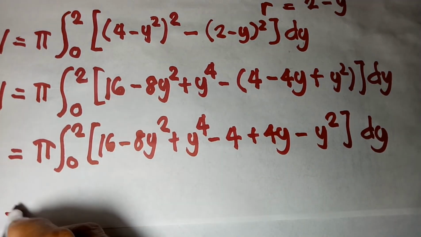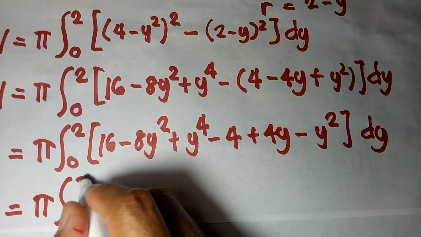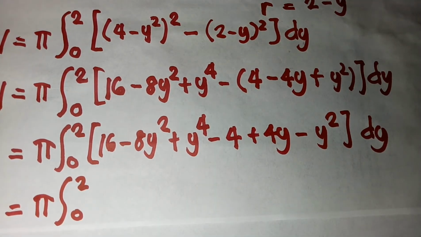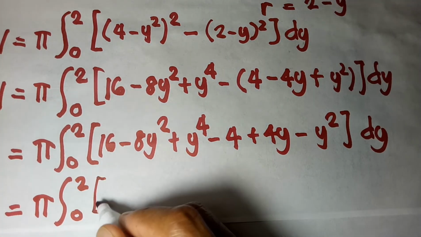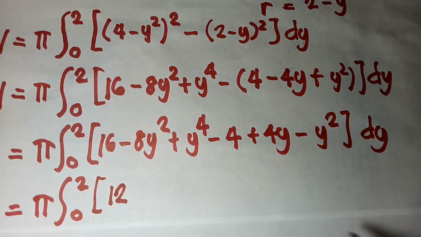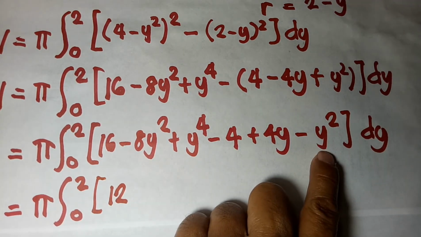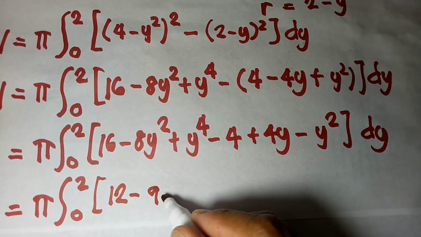So I'll have pi integral from 0 to 2. We have this 16 minus 4 equals 12. And then negative 8y squared plus negative y squared, negative 9y squared.